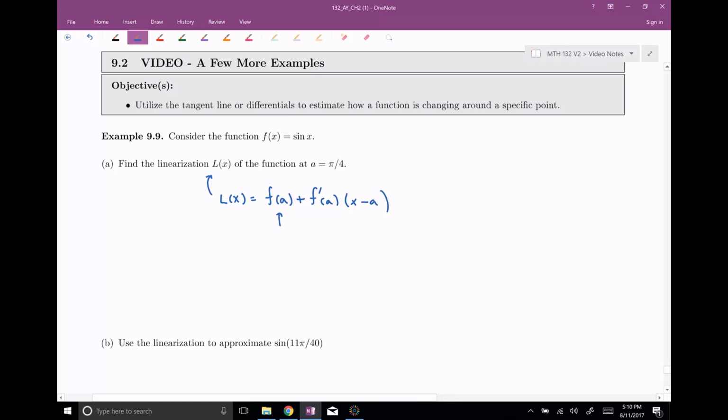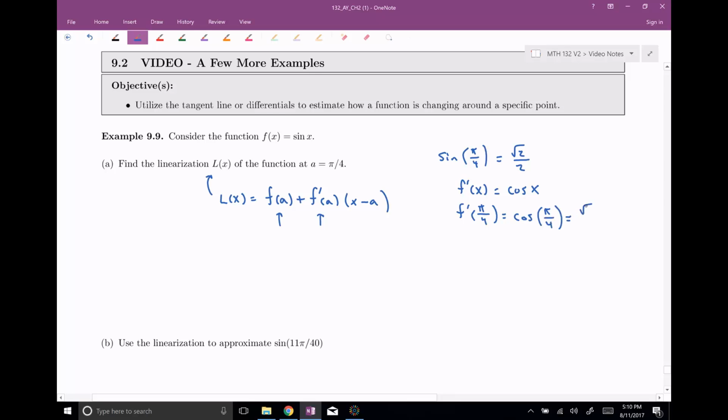So if I wanted f of a, that's going to be sine, that's our function, of pi over 4. And thinking about my unit circle, we'll get root 2 over 2. For f prime of a, let me first take the derivative of my function. The derivative of sine is cosine. And then f prime of a, again, my a is pi over 4, so I'll just plug in pi over 4 everywhere I see an x.